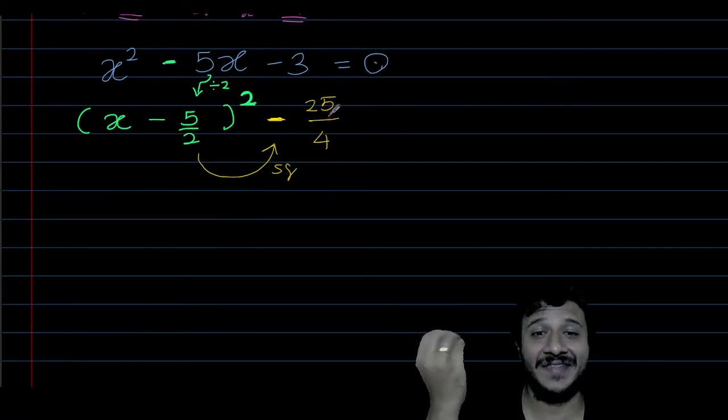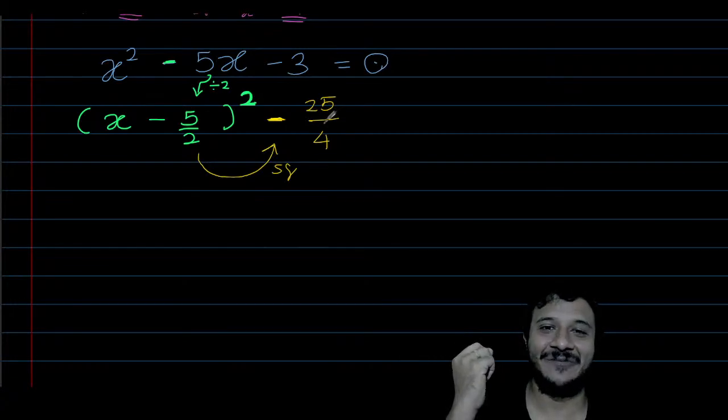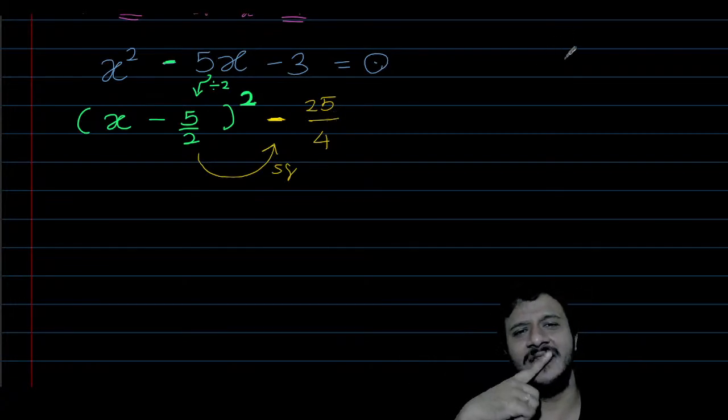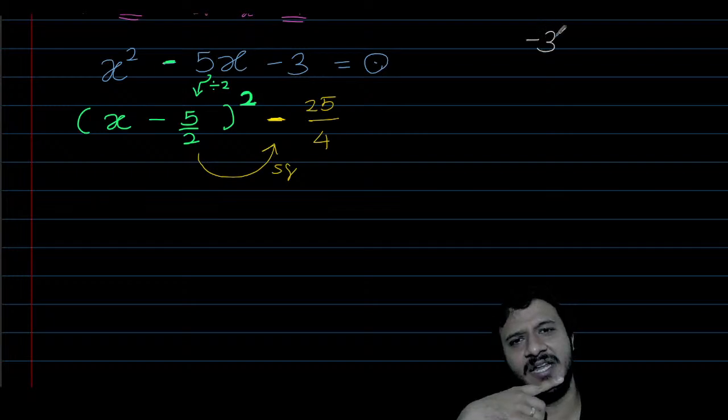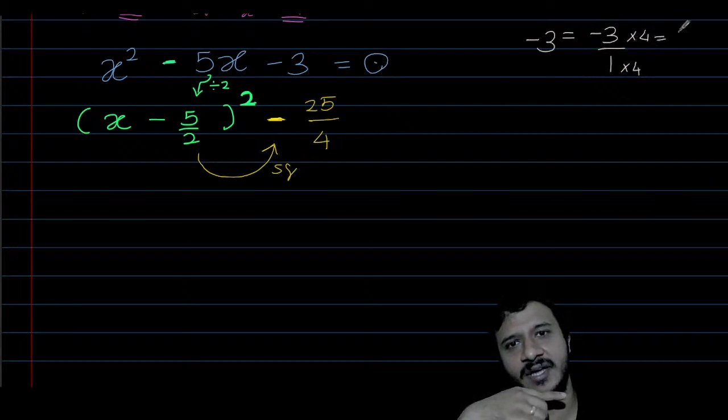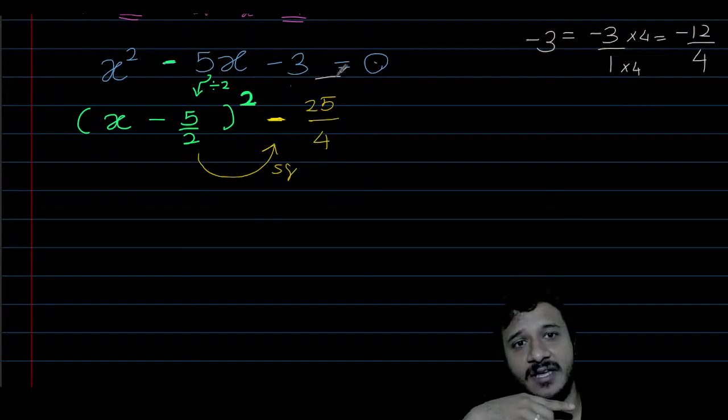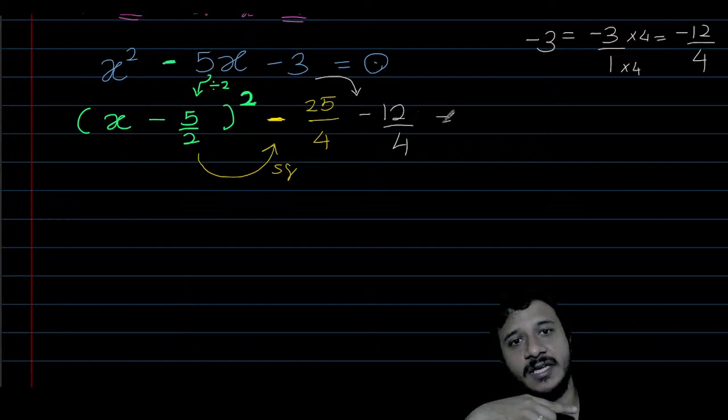Then we have to do another step to do what? Make the denominator the same. Negative 3 means negative 3 over 1. But we want a denominator of 4. That means let's multiply up and down by 4 and write it as negative 12 over 4. So negative 3, I will write as negative 12 over 4 equals 0.